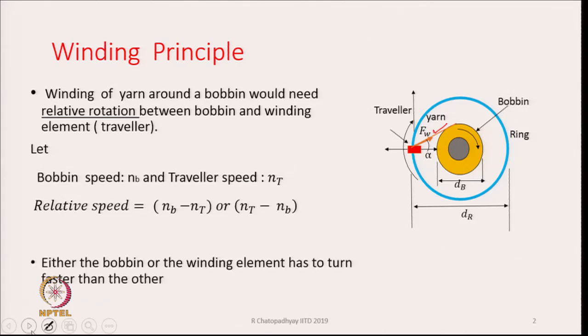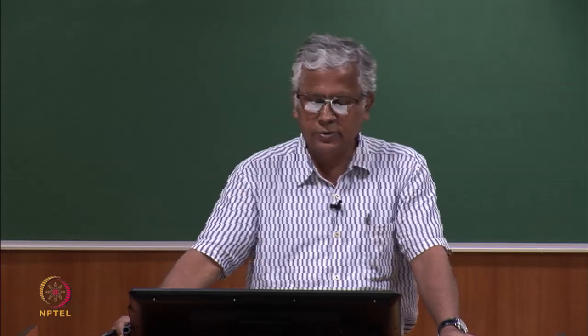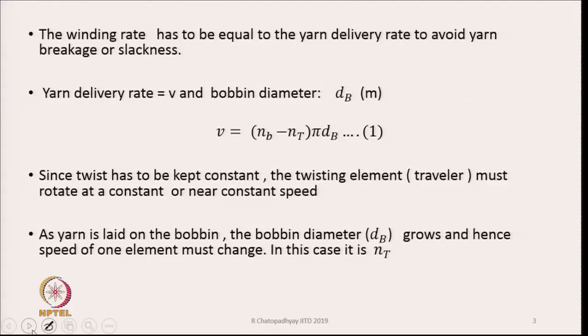Either the bobbin or the winding element has to turn faster than the other, then only will we have relative speed and be able to wind the yarn. However, there are some more conditions to be met, and we will see that if we want to meet those conditions, then the bobbin has to move faster than the traveler.